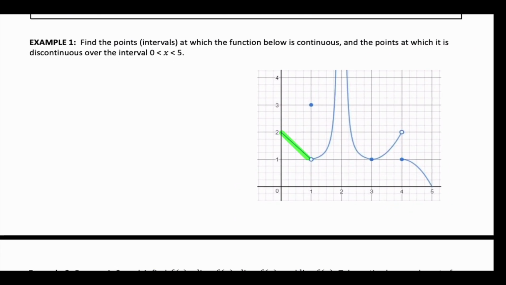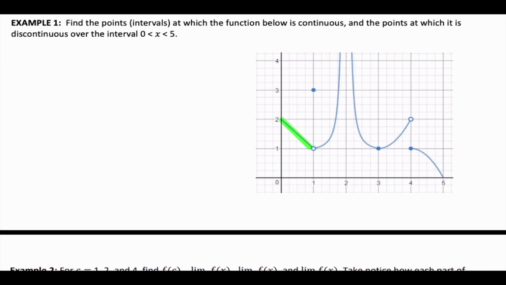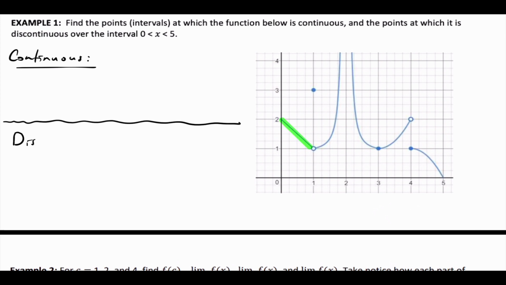Removable discontinuity. Okay? So we're going to have two lists here. We're going to have a list for continuity and a list for discontinuity. So continuous, discontinuous. So where is it continuous and where is it discontinuous? So we know it's discontinuous at x equals 1.